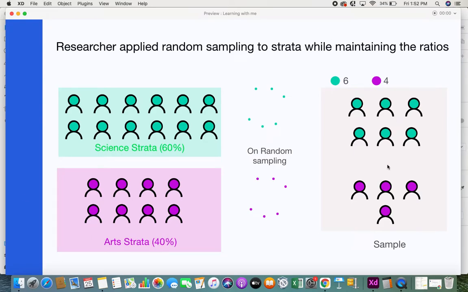So after you have created the stratified groups, you apply random sampling and you would get a sample.